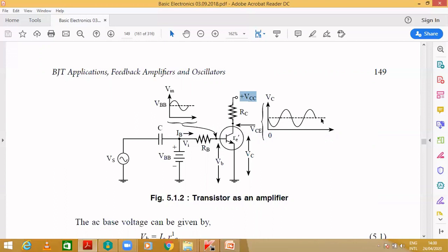The next will be CE, as it is the best because of its high gain. So first let's start with how it will act as an amplifier. If you give the sine wave, and here you are giving a DC supply in order to maintain the transistor in the on mode and in the active region.